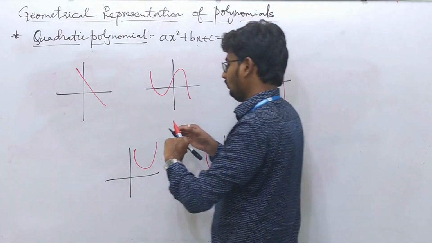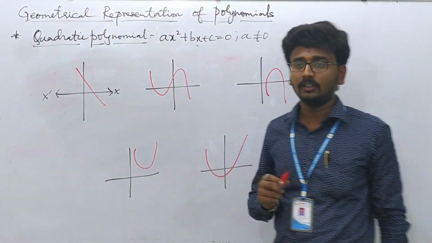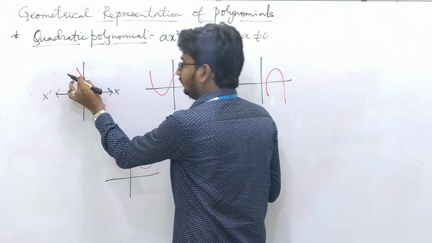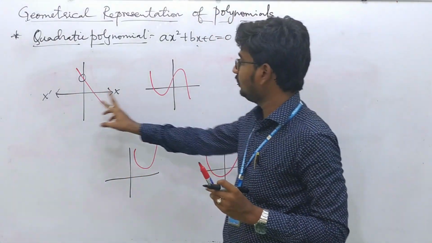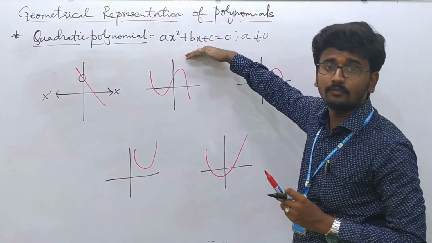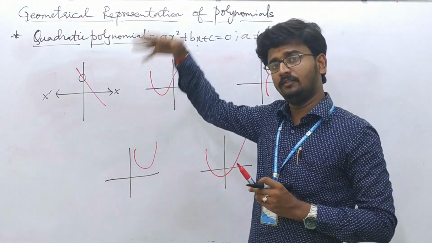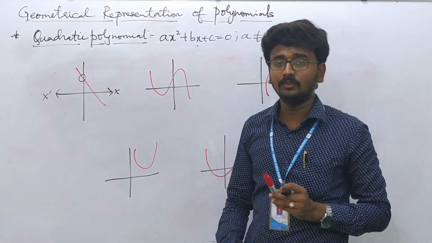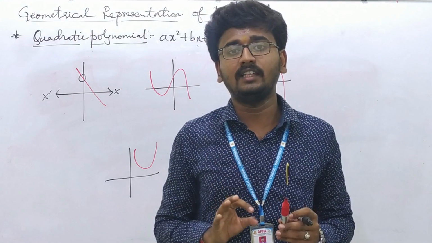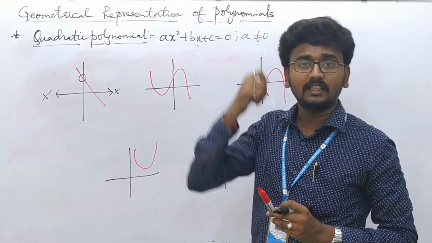What I said, always along the x and x dash axis. Even if it is intersecting along the y axis, no need to worry, we don't have any y value, we have only x values because of the standard form. If you write the standard form in y, then we can count in that way, but generally we usually take the unknown variable first as x. So that unknown term we can get through this x and x dash axis.